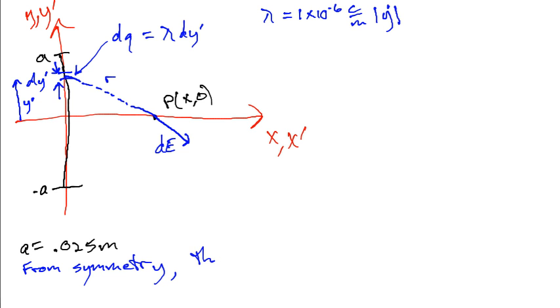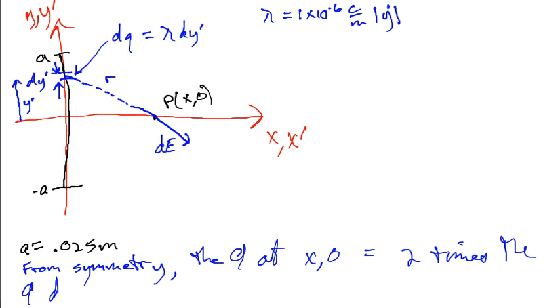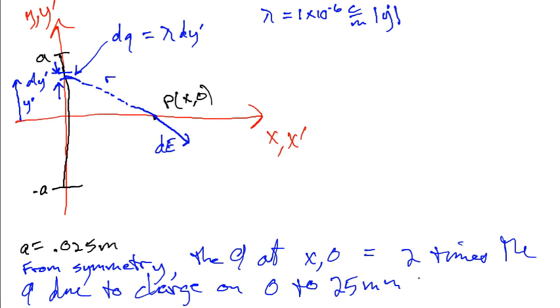The E_x at x comma 0 is equal to 2 times the E_x due to charge on 0 to 25 millimeters.